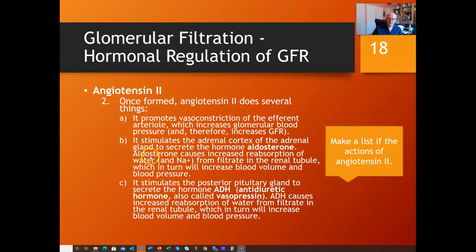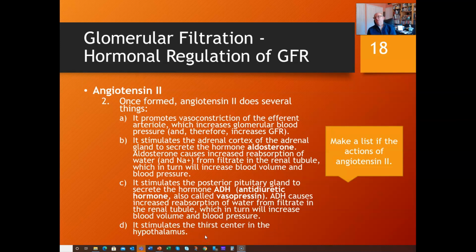Okay, let's do C and then I'll talk through them. It stimulates the posterior pituitary gland in the brain to secrete antidiuretic hormone, or vasopressin. And that causes an increase in reabsorption of water from the filtrate in the renal tubule, and that will increase the blood pressure. And it stimulates the thirst center in the hypothalamus to make you drink.